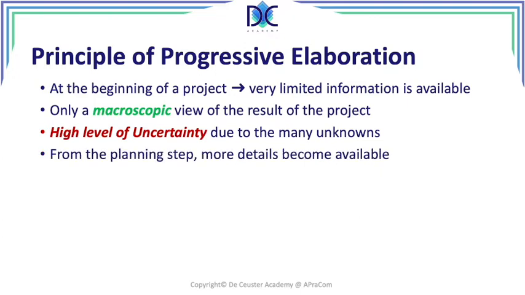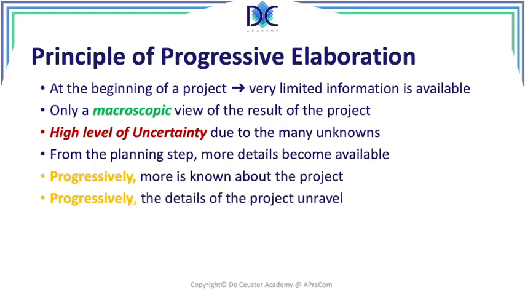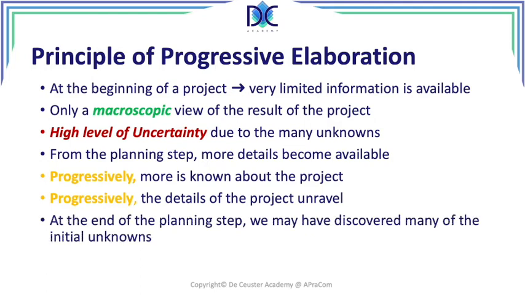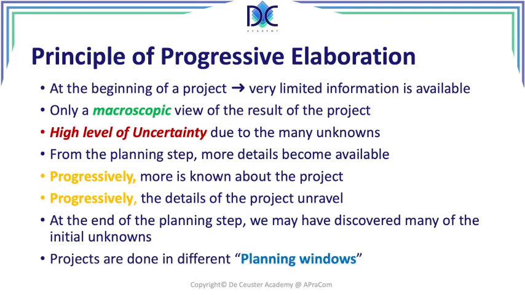once we start with the planning, more and more details become available, and progressively we know more and more about the project. Progressively, the details of the project unravel. And at the end of the planning step, we may have discovered many of the initial unknowns. Now, projects are done in different planning windows.